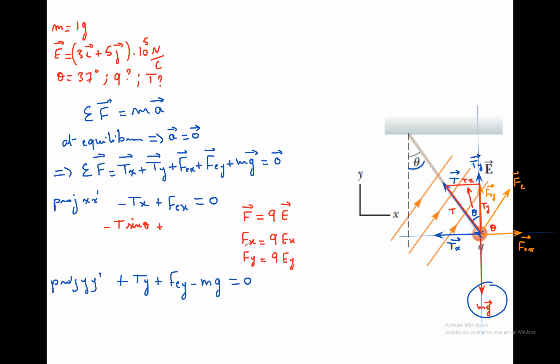We can say here Fex and Fey. And by this equation here, you have Ex and Ey.